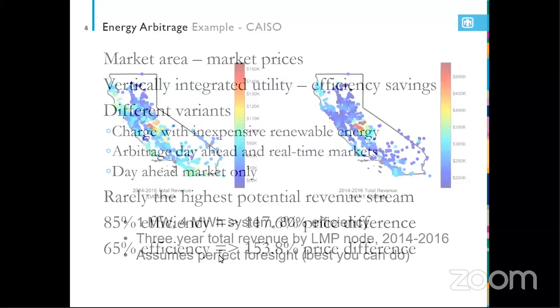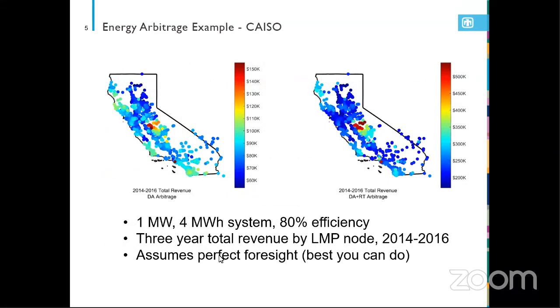clearing times. So this is an example of looking at California, looking at energy arbitrage in their day ahead market, where we modeled a 1 megawatt 4-hour system with 80% efficiency. And we looked at about 2,000 pricing nodes from 2014 to 2016.